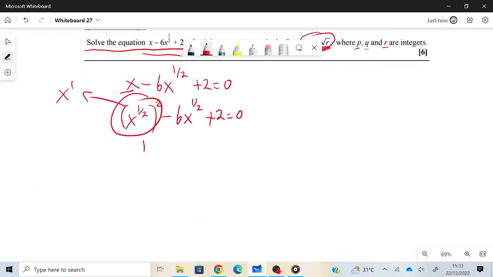Now we can say that x to the power of 1 over 2 equals p. So we would now have p squared minus 6p plus 2 equals 0.